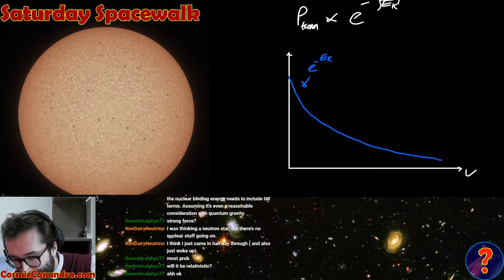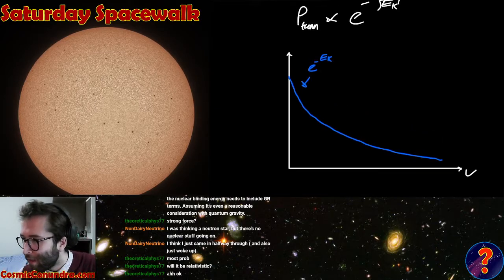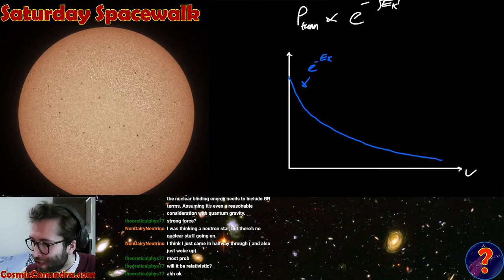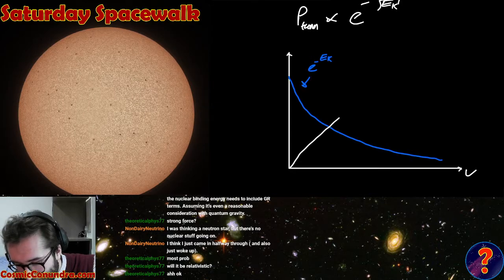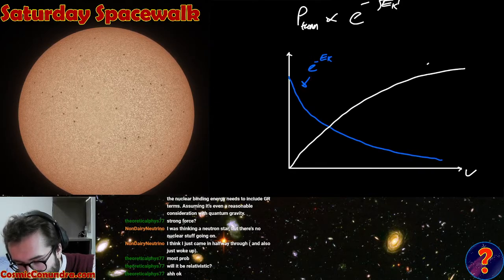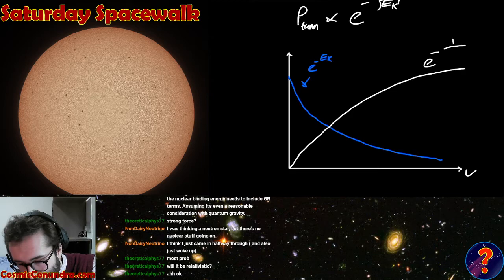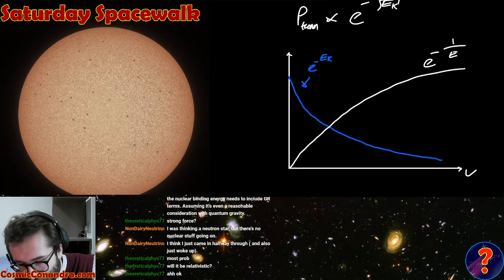Then the tunneling probability, the probability that any particle of a particular kinetic energy will tunnel, is given by e to the minus 1 over root E_K.